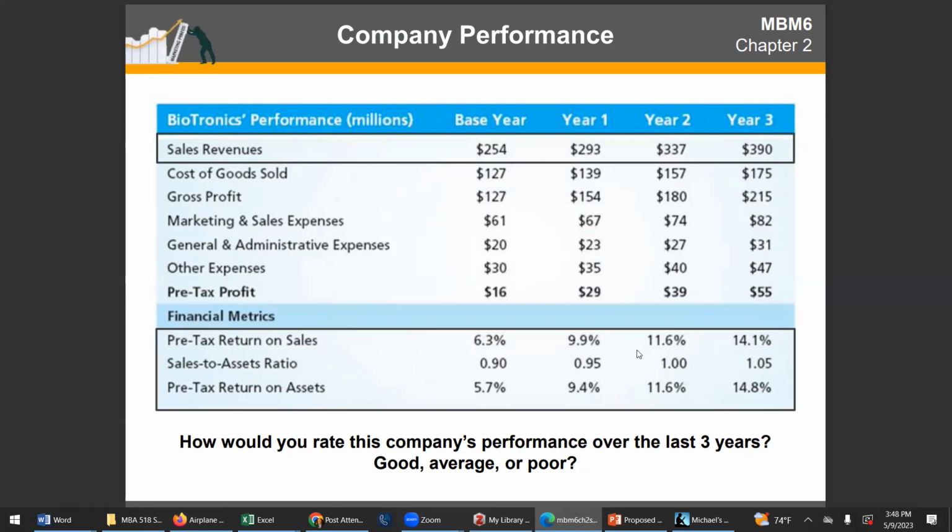In fact, it more than doubled in 4 years. Sales to asset ratio is improving. Pre-tax return on assets is improving. So the question we ask ourselves, having only a financial lens on this company's performance, is how would you evaluate it?